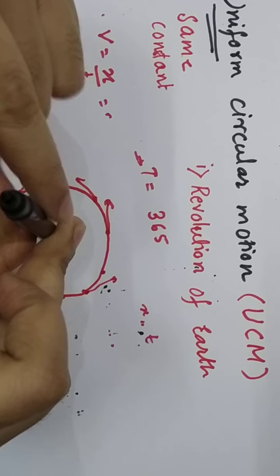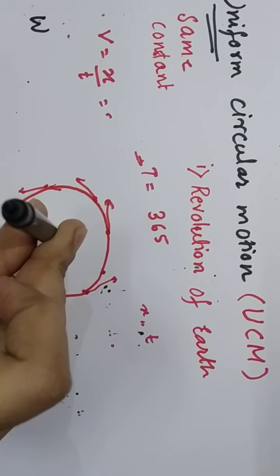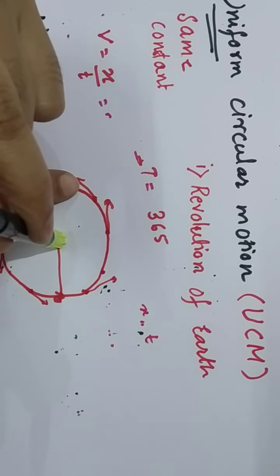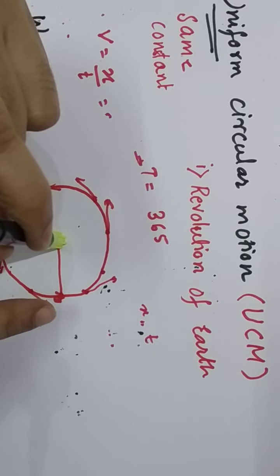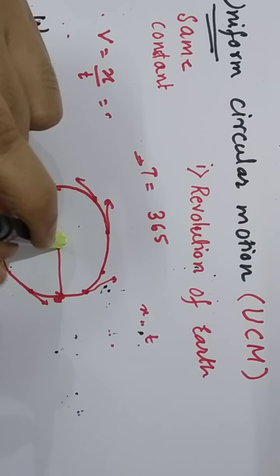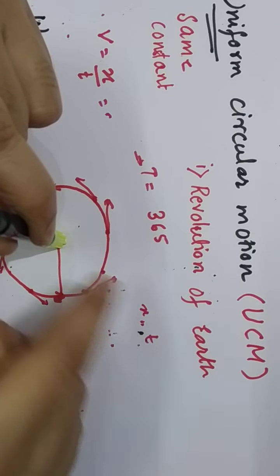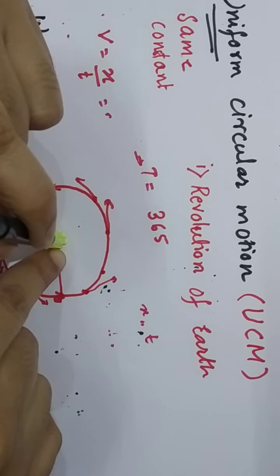As we had discussed in the last lecture, angular velocity will remain fixed whether the particle moves from here to here, or takes any position. It does not depend on the position of the particle on the circumference. It is fixed.